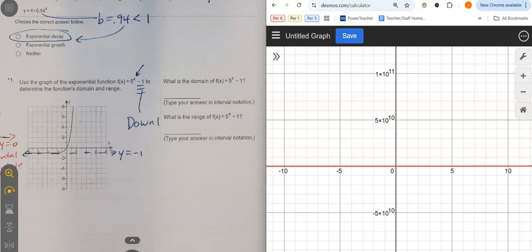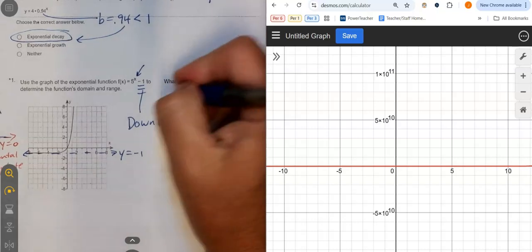How much of that x-axis is covered by something? So, we could say that like this.